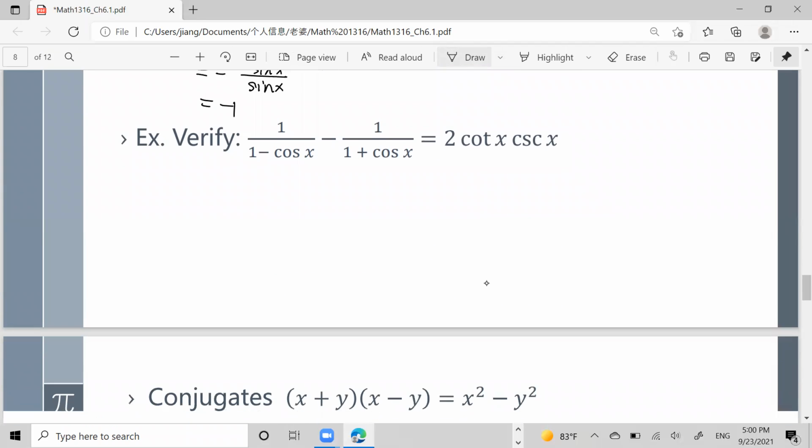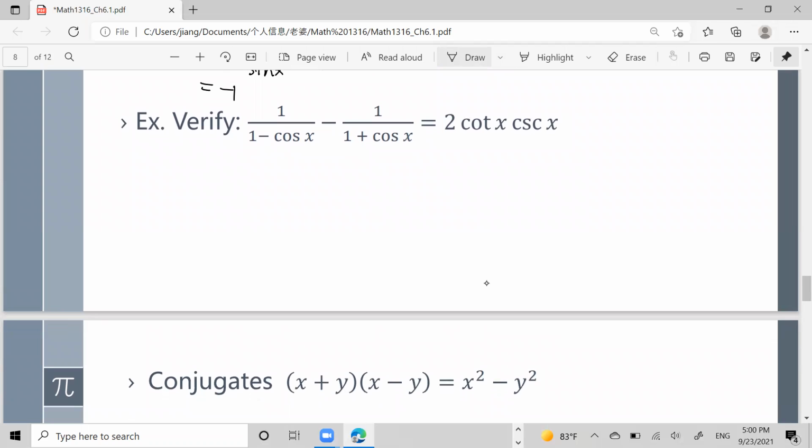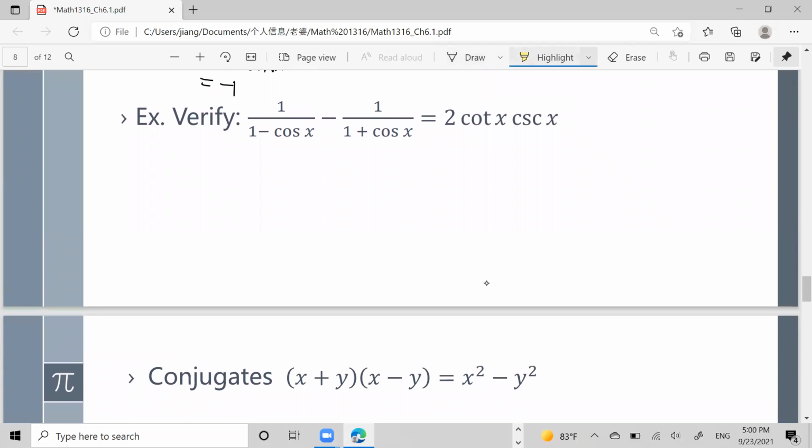Verify this expression. You can start from the left-hand side, because usually I like to start from the left-hand side.